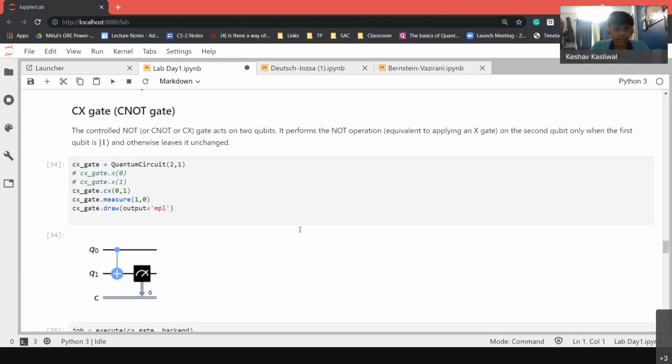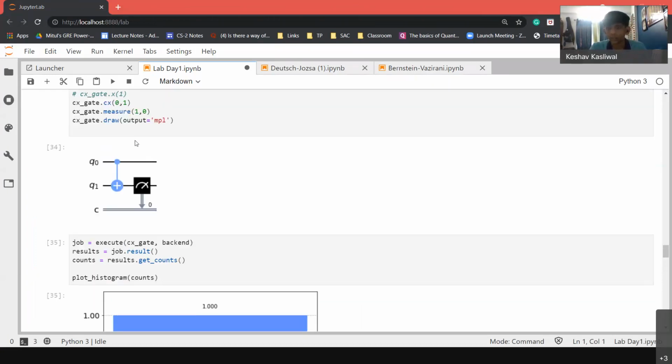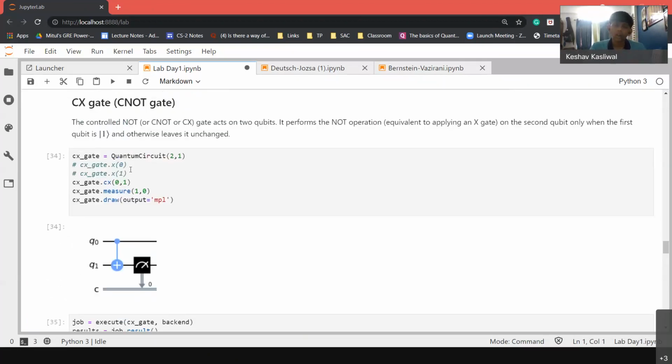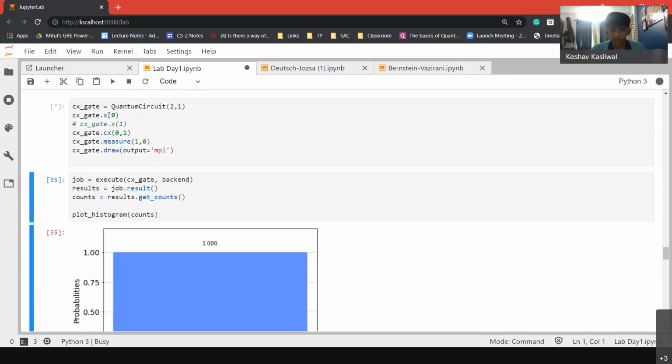So what we do over here is we have Q0, which is known as the control, and Q1 is known as the target. As in, what does the control do to the target, right? In order to justify what I just said, I'll give the state.